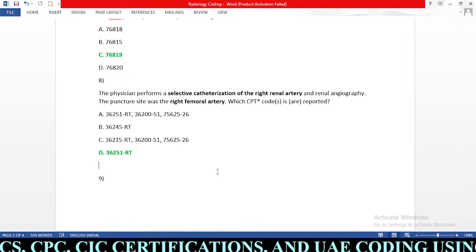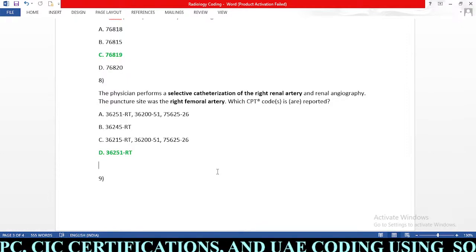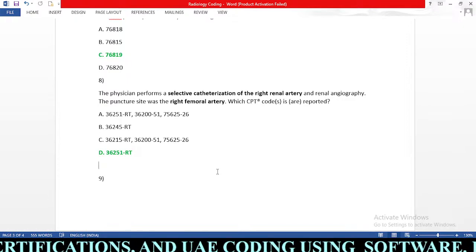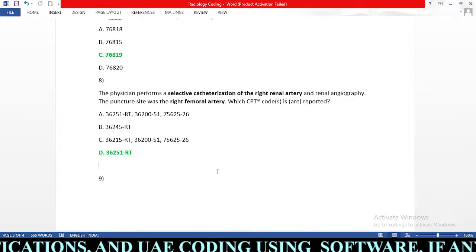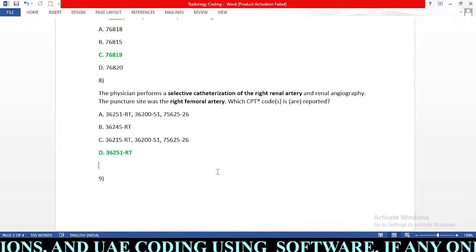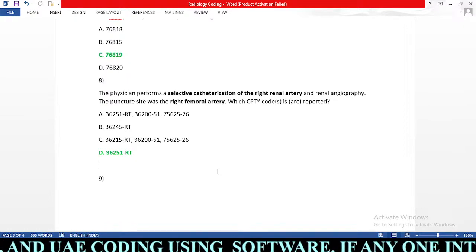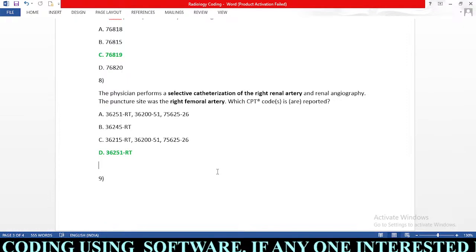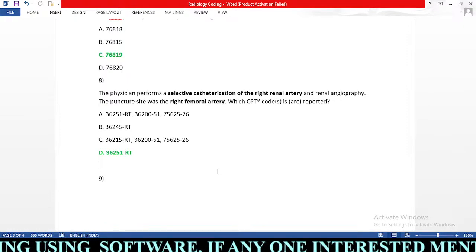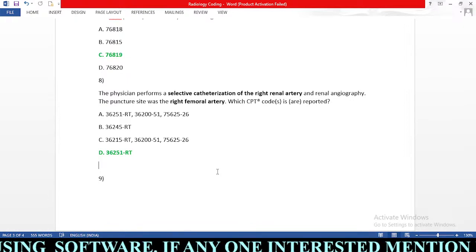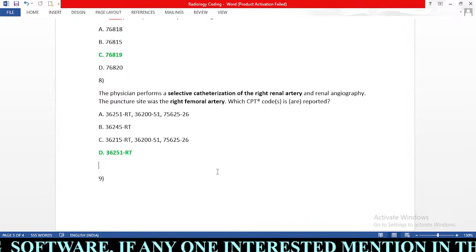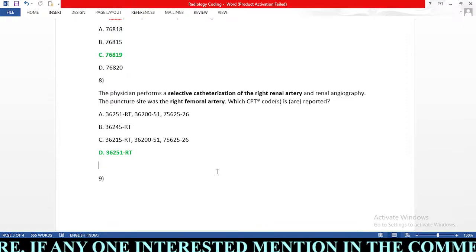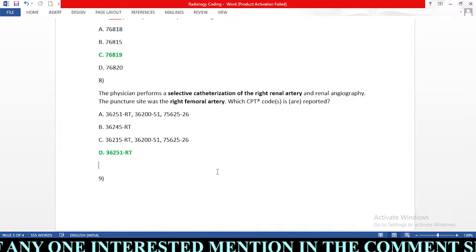Total cardiology codes depend on radiology if they are doing a vascular surgery. That's why they have mentioned a cardiology question in this radiology session. But here we need to understand the guideline. That is the main thing we need to understand. Based on the guideline, 36251 includes radiology also. So we no need to code separately.